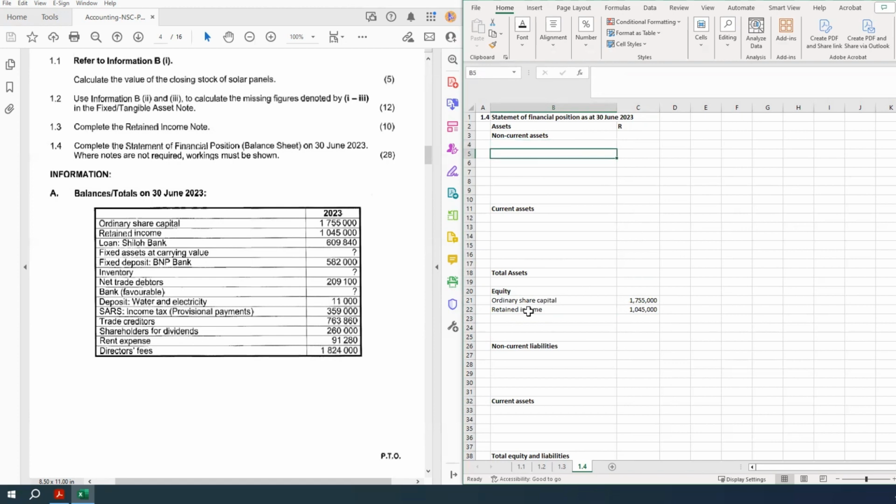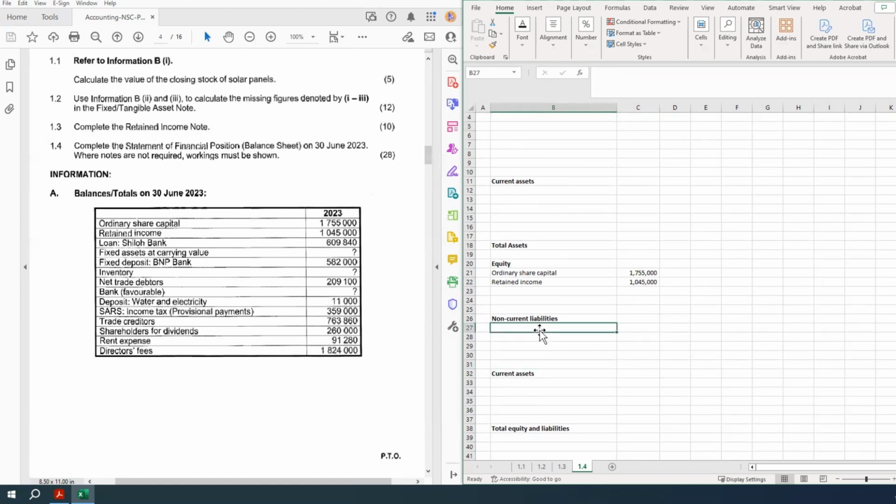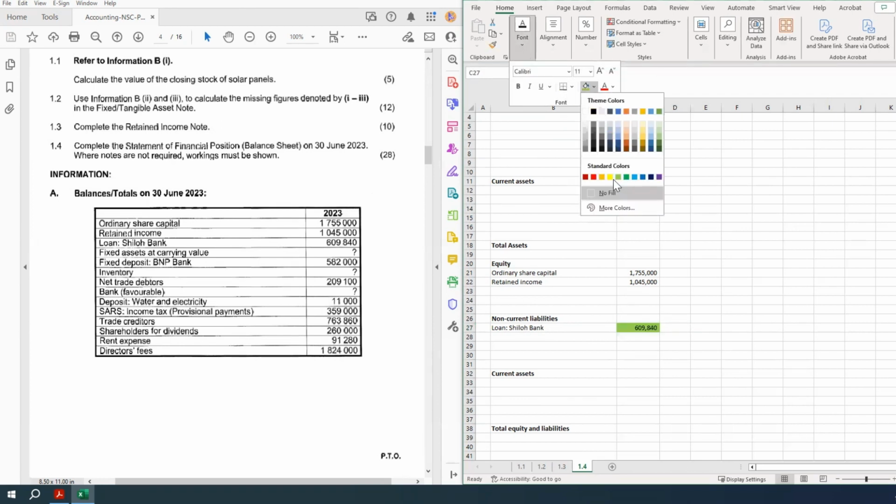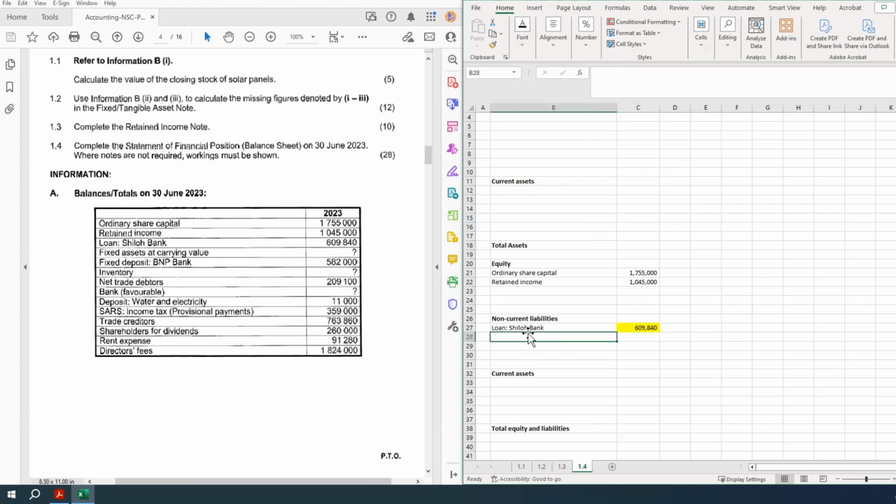We've mentioned this is a loan payable, so that'll need to be part of my liabilities. And they've given us the amount. So we have 609,840. Okay, so this number I'm not certain of at this point, so I'll just put it in yellow for me to double check.